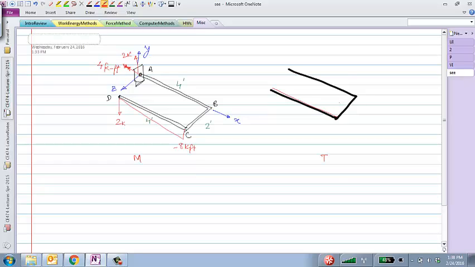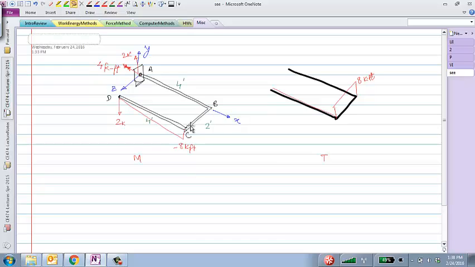Well, actually, it's internal, so depending upon the cut, it will be equal and opposite. But looking from the point of view of BC, it's going to create a torsion in this direction. So I'll say it's positive Z. But again, that also depends upon your convention. So I'll say it's positive 8 kip feet torsion.